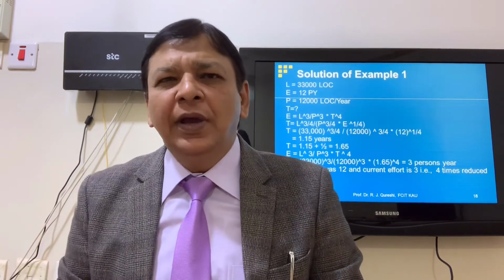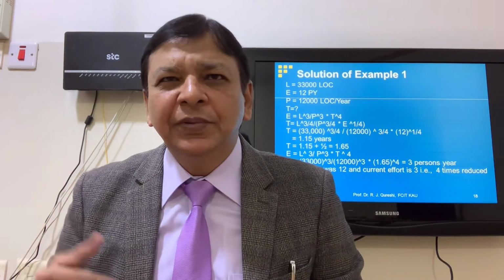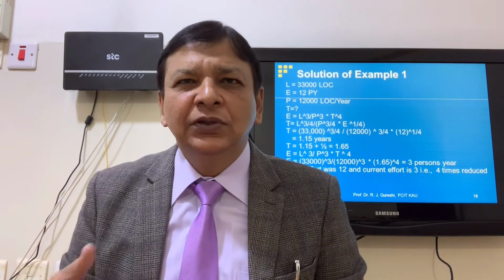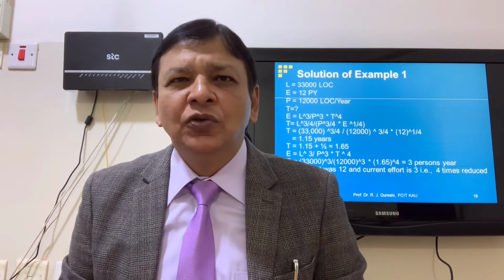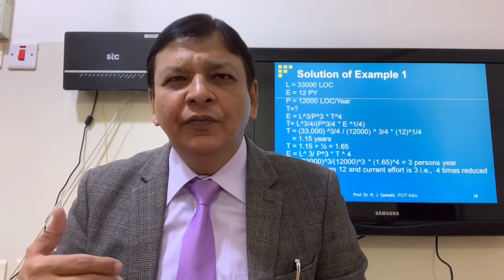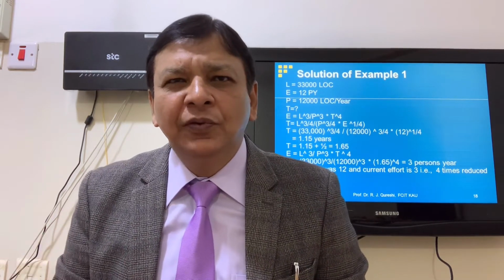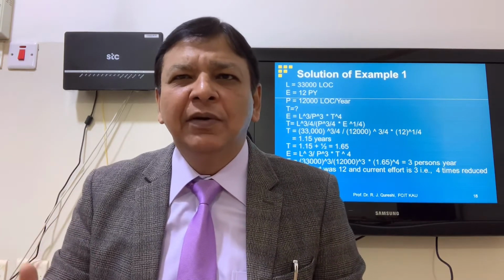We have L is equal to 33,000, effort E is equal to 12 person-years, productivity is 12,000 lines of code per year, T is missing. So we have E. In order to calculate T, we have the formula: T = L^(3/4) / (P^(3/4) × E^(1/4)).